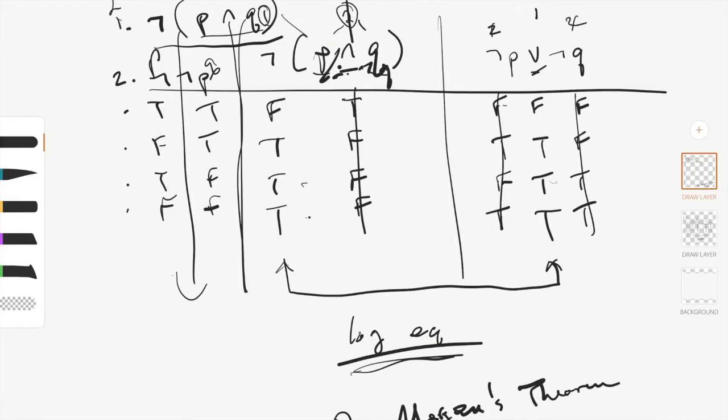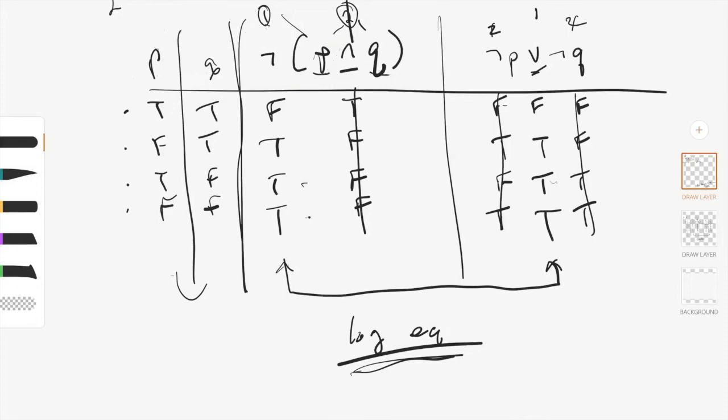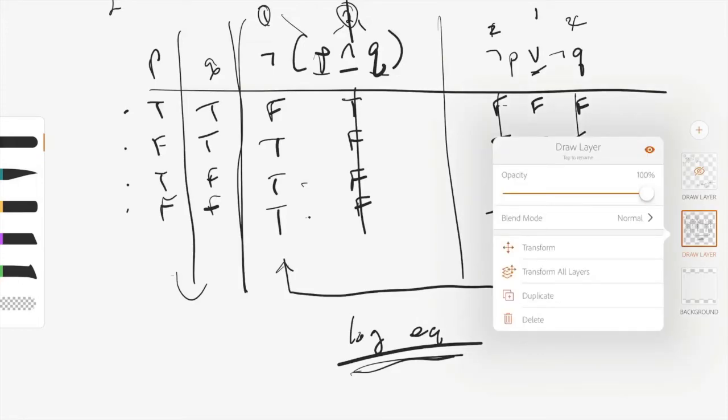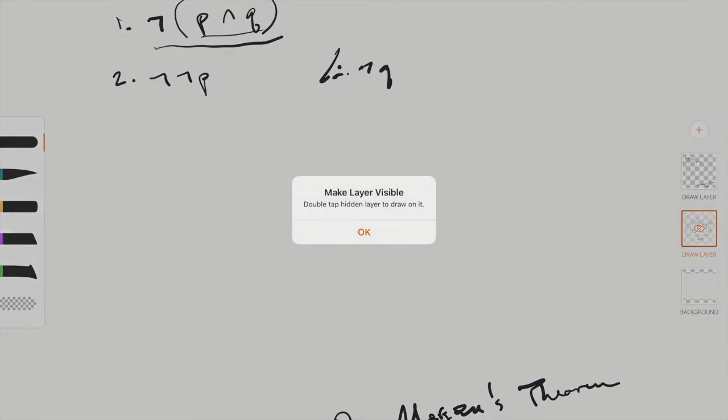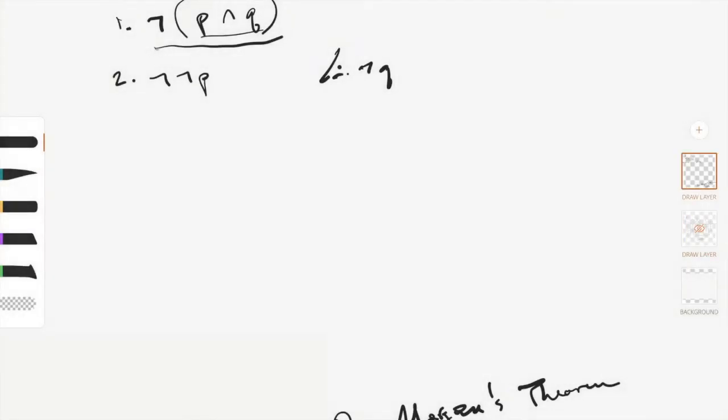So if we embrace this as one of our axioms, then in this proof, we will be able to use De Morgan's to write what's logically equivalent to this expression on a line by itself, and that enables us to complete this particular proof.